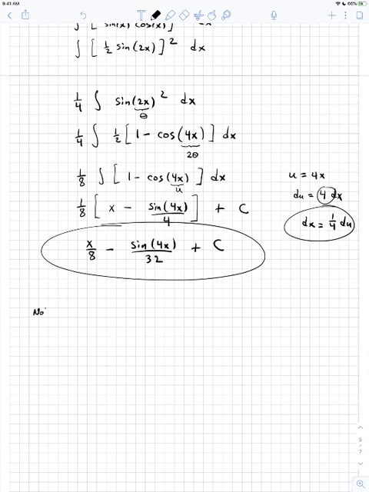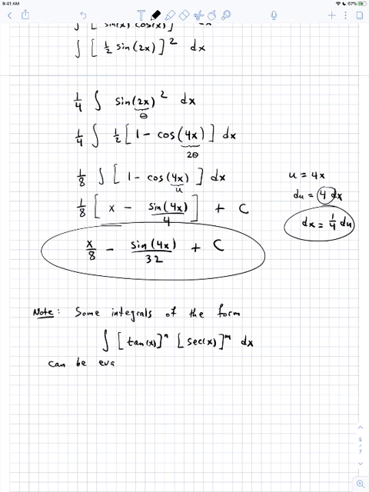So note, some integrals of the form, let's say the integral of tangent x raised to the n times secant x raised to the m, can be evaluated in a similar way, but not always.